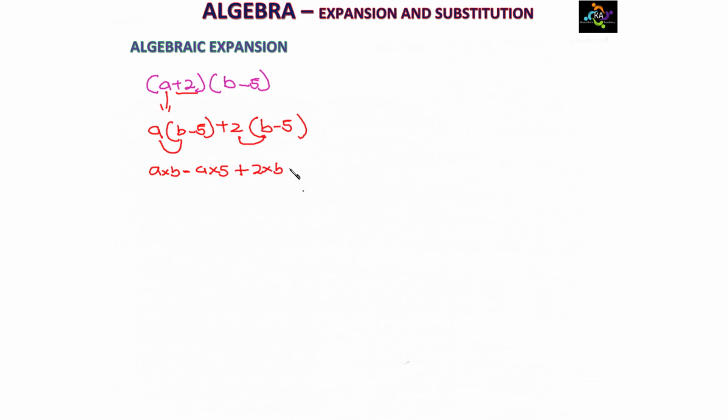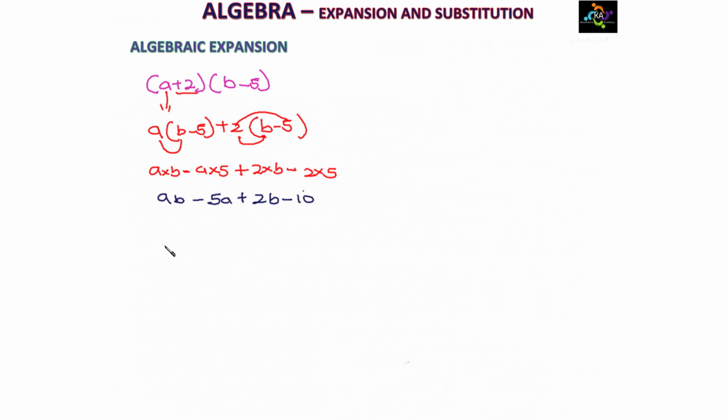Plus times minus is what? Minus. Then 2 times 5. Then you have your expression to be ab minus 5a plus 2b minus 10. This is how you go about the expansion of two algebraic expressions.